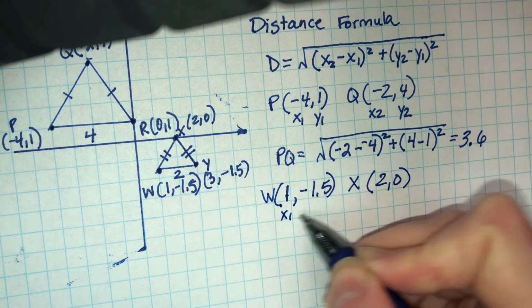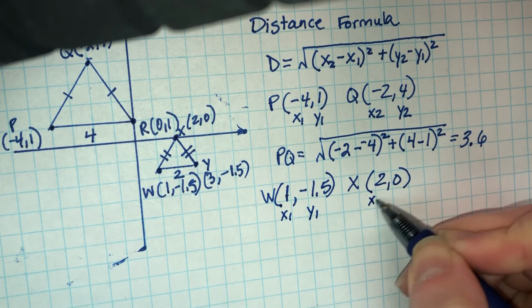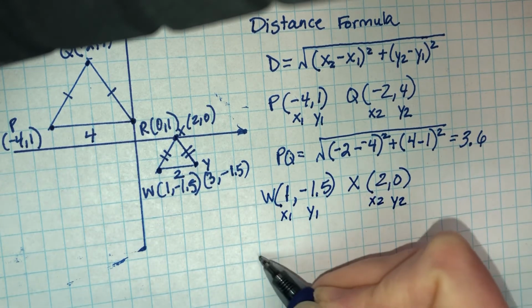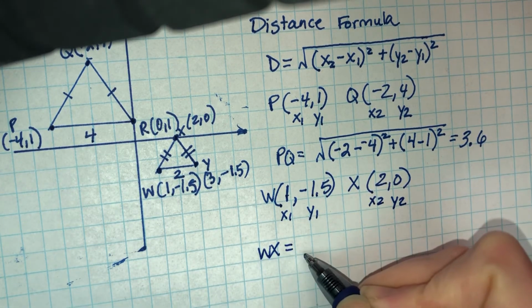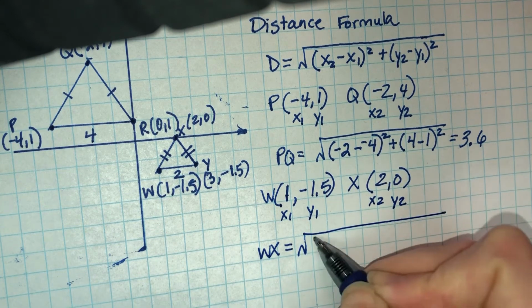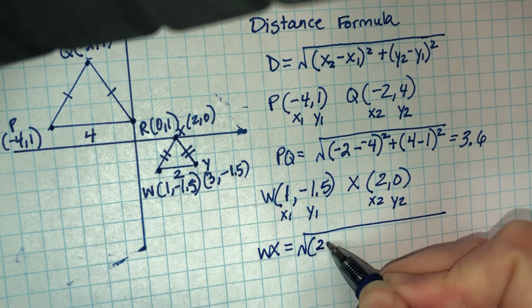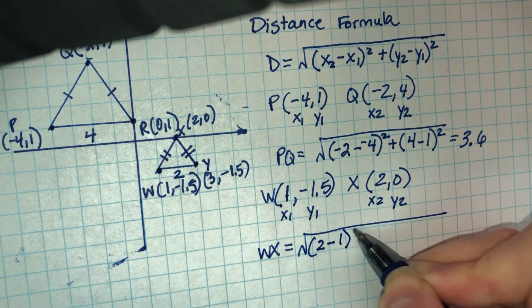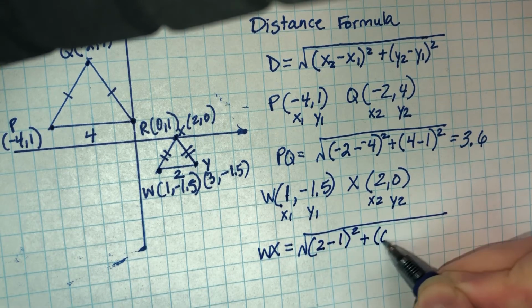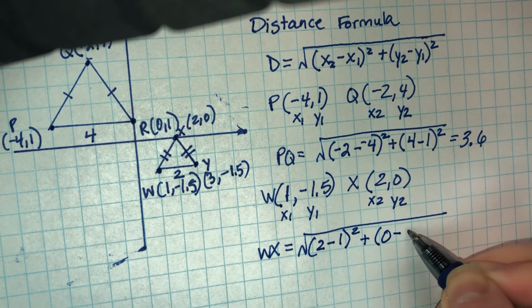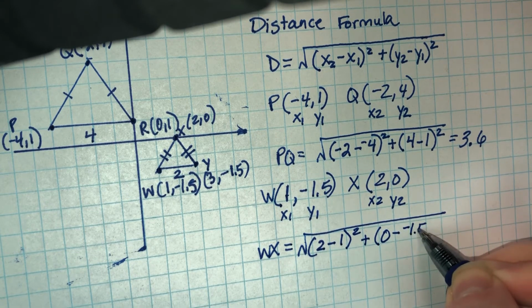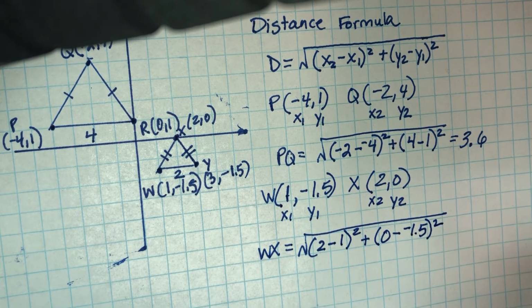So x1, y1, x2, y2, we're going to go WX is equal to big long square root, start with x2, which is 2, minus x1, which is 1, squared, plus y2, which is 0, minus y1, which is negative 1.5 squared.